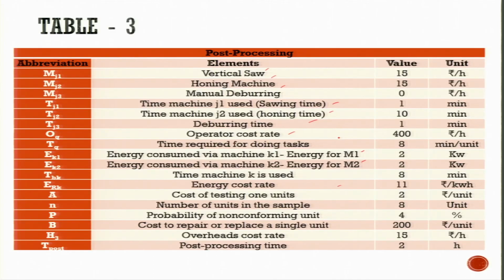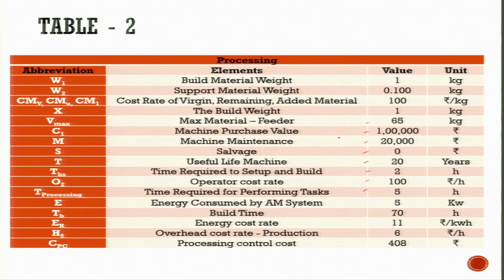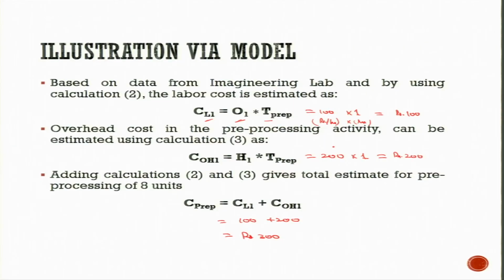Let us see these values here in the processing. We have V max capacity as 65 kg, we have CMU, CM1 here as 100 only, and we have the value of X, that is the refilled, as 1 kg, because I think it is considered that the whole material is used here.